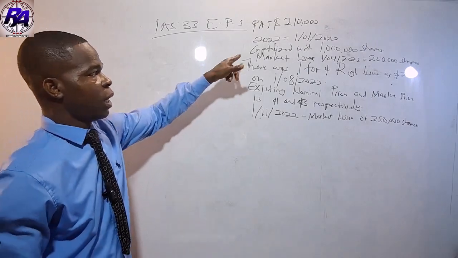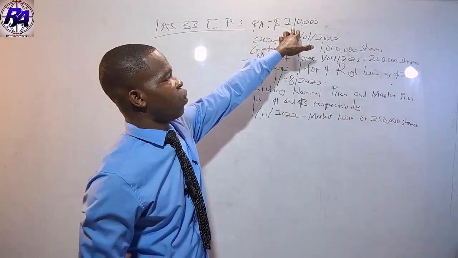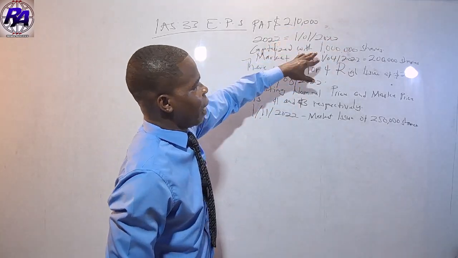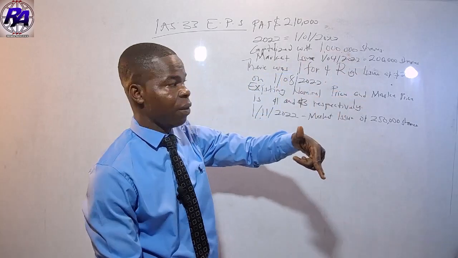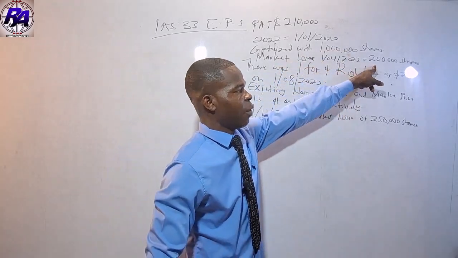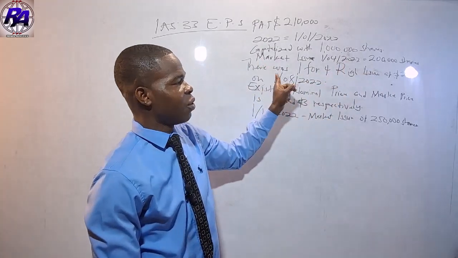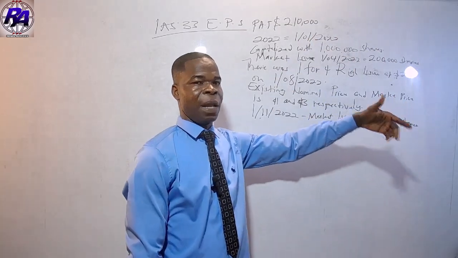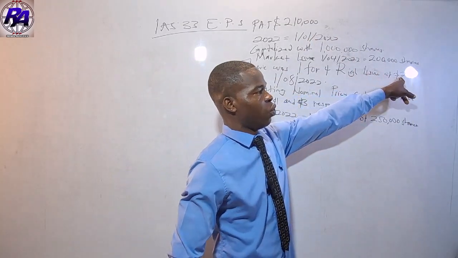So let's go through the question again. Our profit after tax is $210,000. We were capitalized with 1 million shares from the beginning of the period. Then there was a market issue on 1st of April 2022 of 200,000, and there was a right issue, 1 new share for 4 existing at a price of $2.